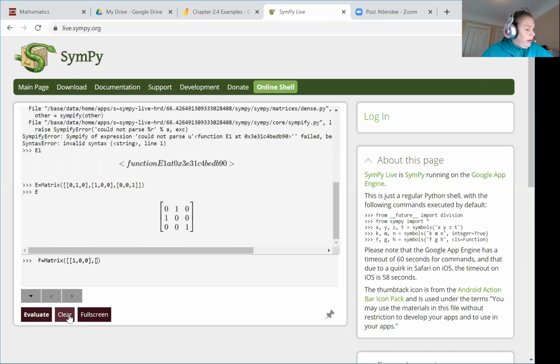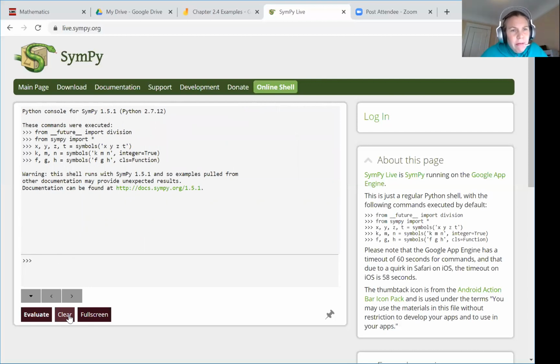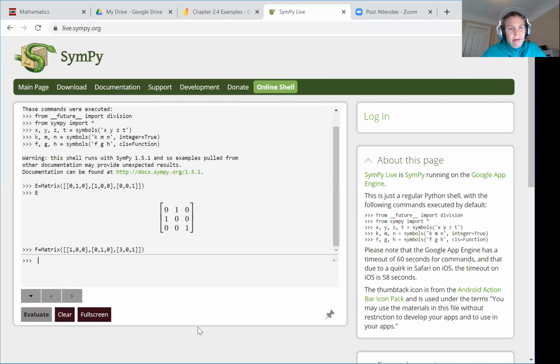The second row is 0, 1, 0. And the third row is 3, 0, 1. You can verify F. Oh, but I think I cleared by mistake. That's okay, I'm going to have to re-enter my matrices. Don't worry if you ever hit clear by mistake. You just arrow up and you can re-enter your results.